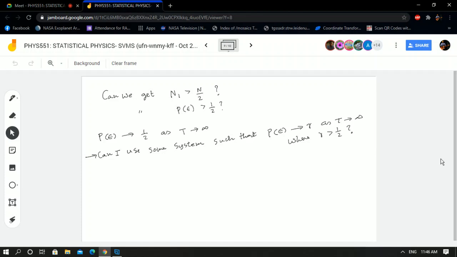Okay, so are there any suggestions? Do you have any suggestions to achieve this? Here we did not consider a spin system.